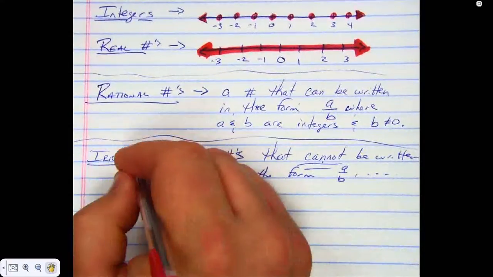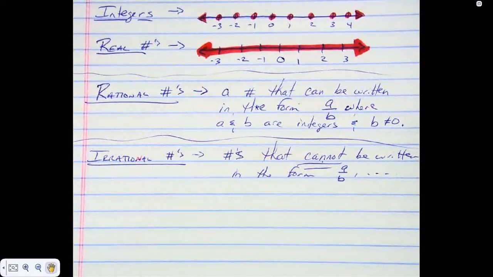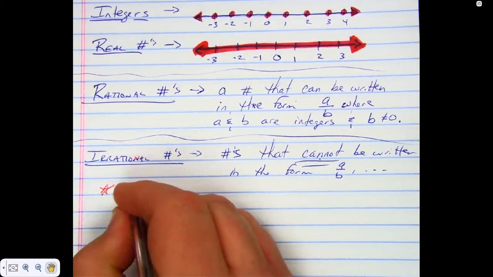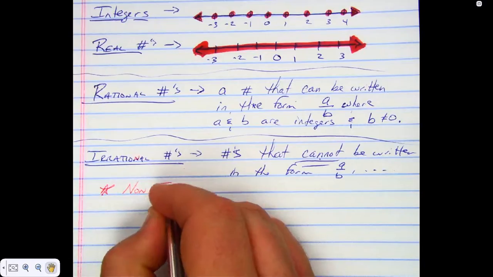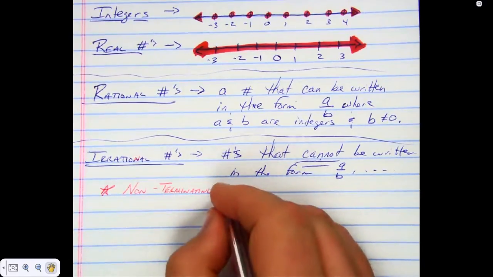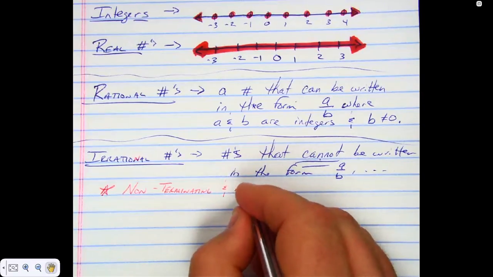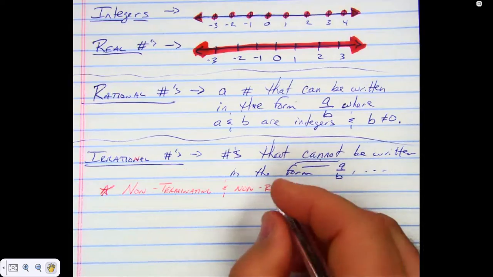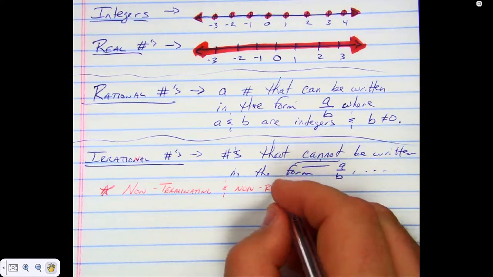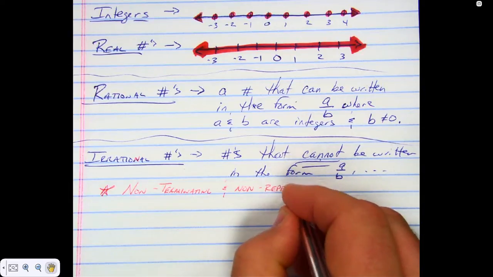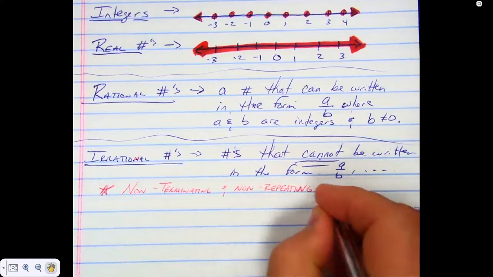Okay. Irrational numbers. Here's the thing to remember about them. Non-terminating and non-repeating decimals.